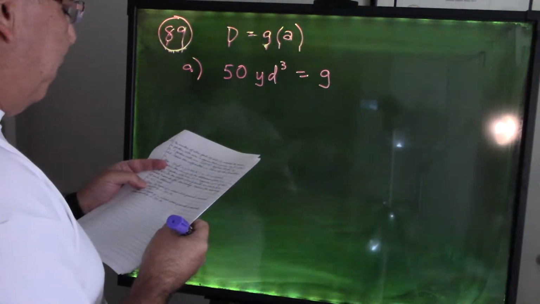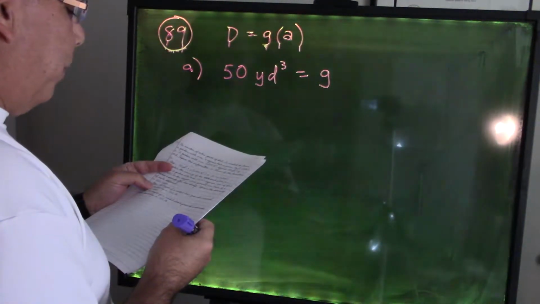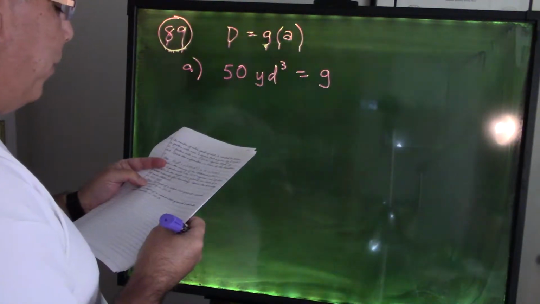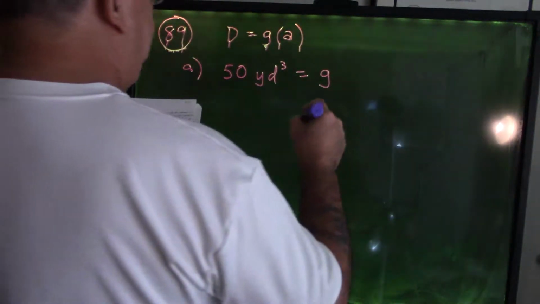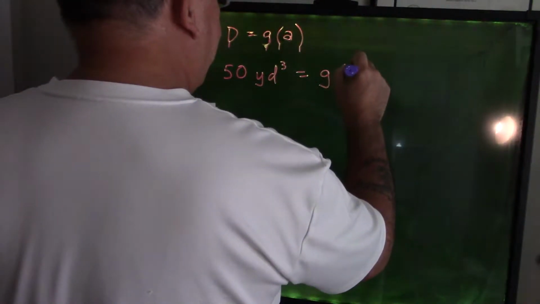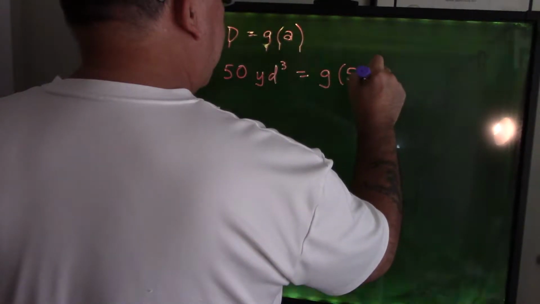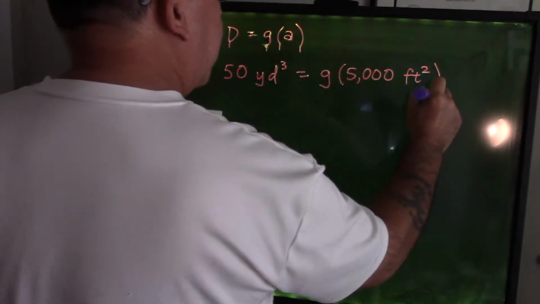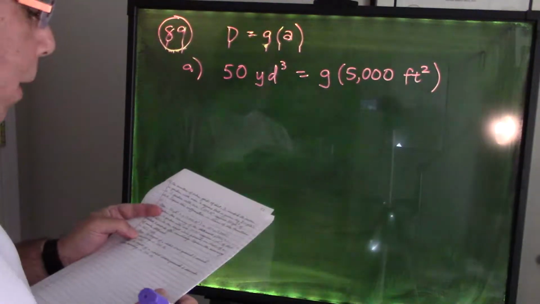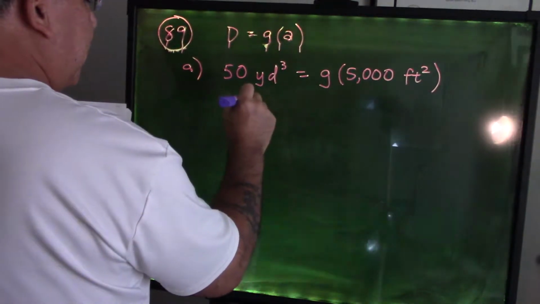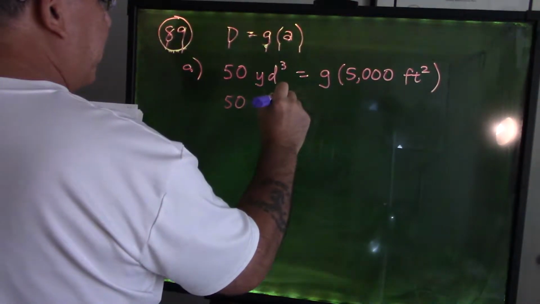That's the area, and the area is 5,000 square feet. So 50 cubic yards equals G of 5,000 square feet. Or leaving off the units, 50 equals G of 5,000.